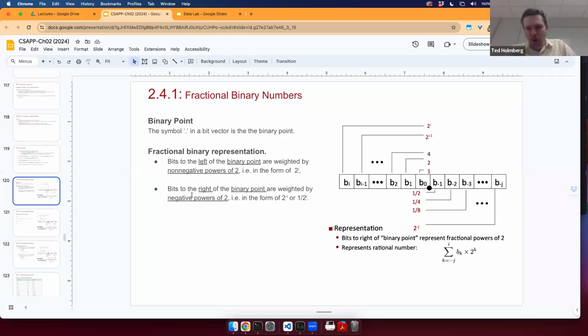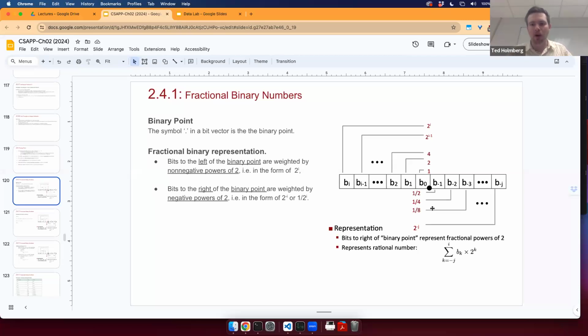Okay, so one way that we can go ahead and then represent is that our bits to the right represent the fractional powers of our rational number. And so here we can see we can take the sigma summation on the right to be able to actually compute, from, let's see here, this is B to the minus j, right?